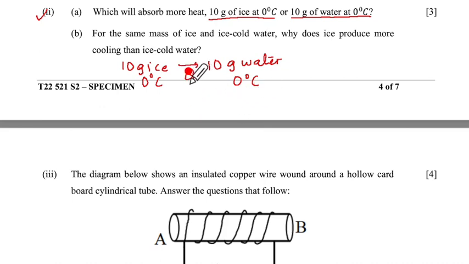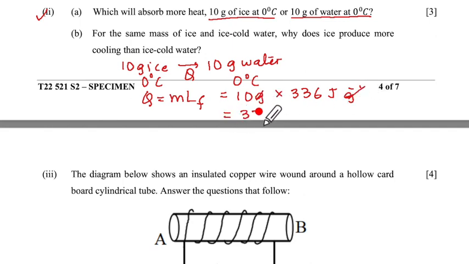So the heat absorbed by ice to become 10 grams of water at 0 degrees C will be mass into latent heat of fusion. So the mass is 10 grams multiplied by latent heat of fusion, 336 joule per gram, and this gram gets cancelled and you will have 3360 joules.